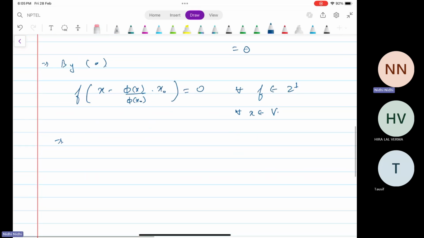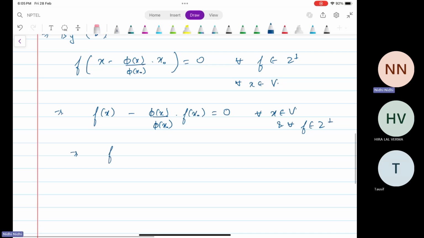That means, again by linearity, f x minus phi x by phi x naught times f x naught is equal to 0 for every x in V and for every f in Z perp.